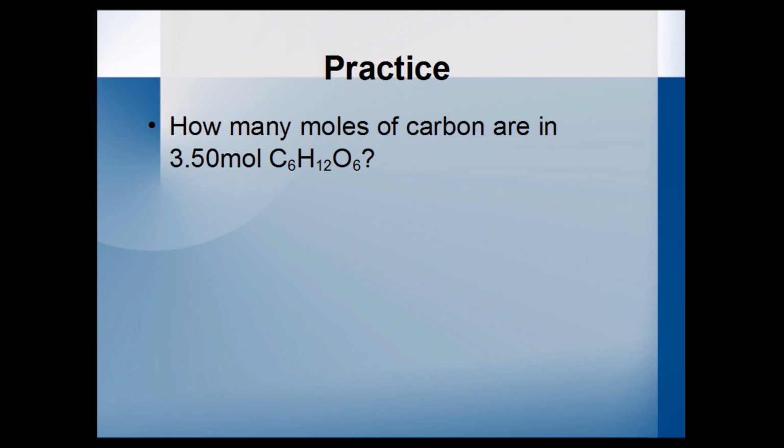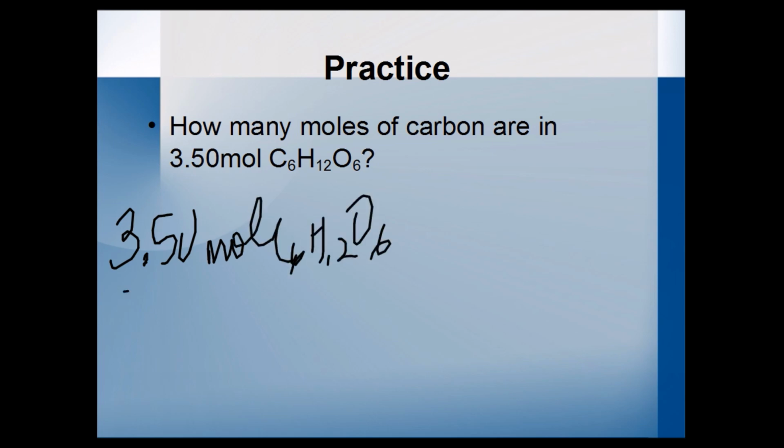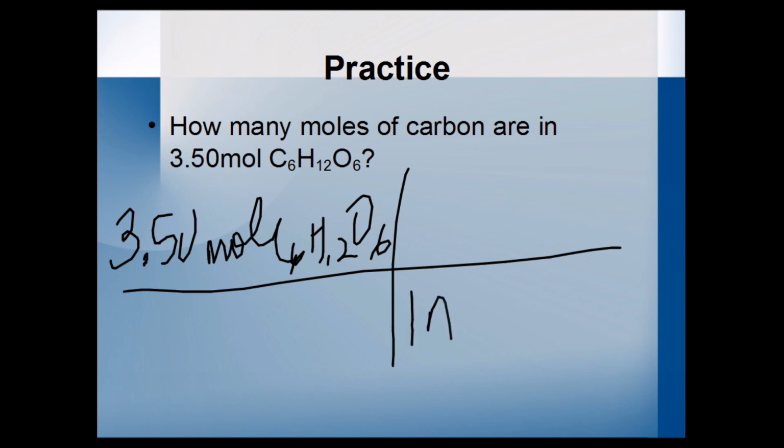How many moles of carbon are there in this little guy, in C6H12O6? So in 3.50 moles of this stuff, how many moles of carbon in there? Well, in 1 mole of this stuff. Now, do you guys notice the abbreviation for mole I'm using? I'm using MOL.